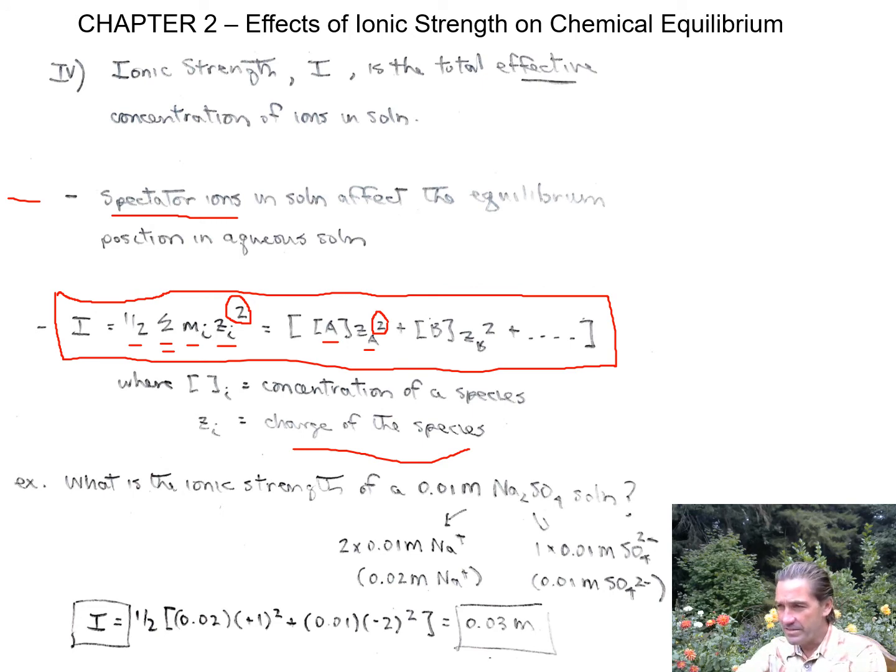So let's look at this example. What's the ionic strength of a 0.01 molar sodium sulfate solution? So the first thing we need to do is break it up into ions. Here, I recognize from the formula that we have 2 sodiums.